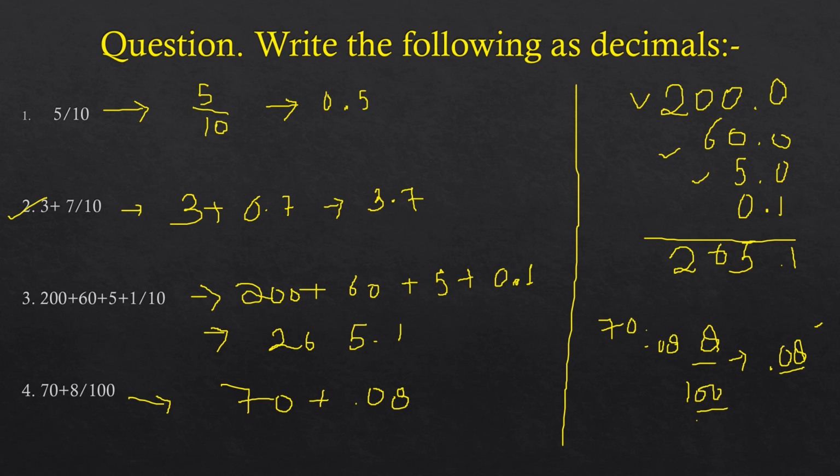But here we are not having any decimal places, therefore to make them like decimals we will insert 0 after a decimal point. Therefore 8 plus 0 gives us 8, and 0 plus 0 gives us 0, and this is 7, means this is simply equal to 70.08.